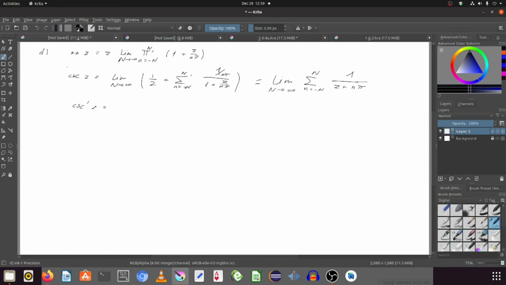Oh, this is not cosecant, that's the cotangent. Now I need to find this eraser. We can correct this as well.